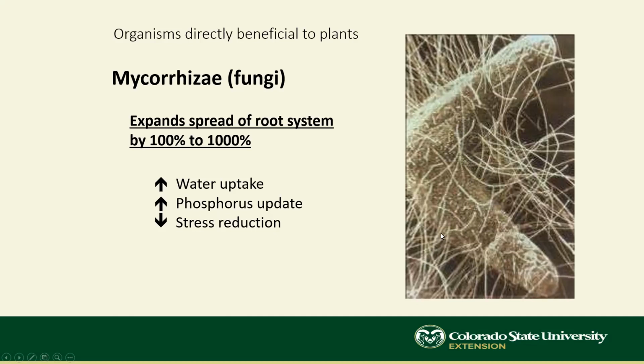In this photograph, all these little threads are the fungi attaching to a root system and expanding its capability to reach out and mine all sorts of minerals from the soil. So healthy roots really do better with this mycorrhizae. It also helps the plants to take up water, and we'll get into some more benefits.